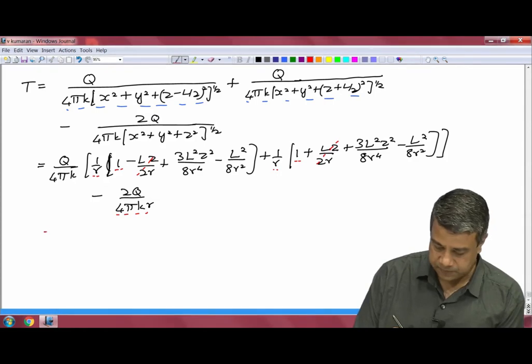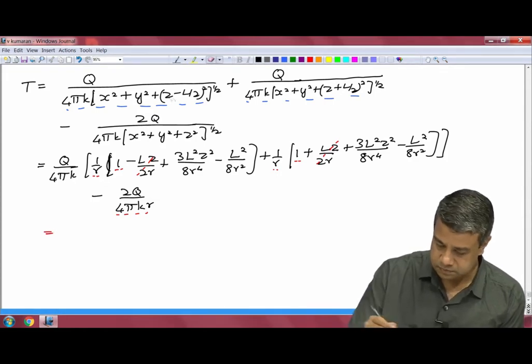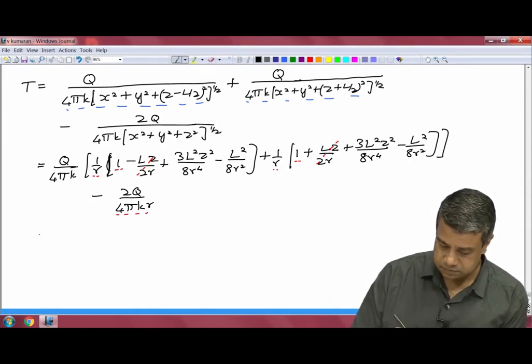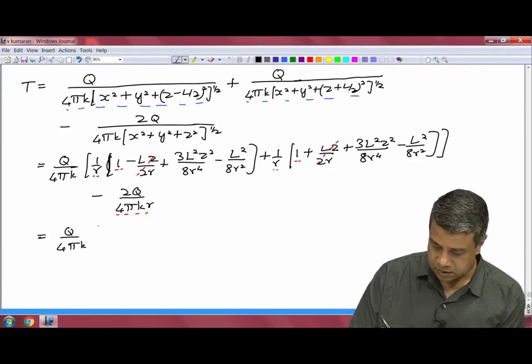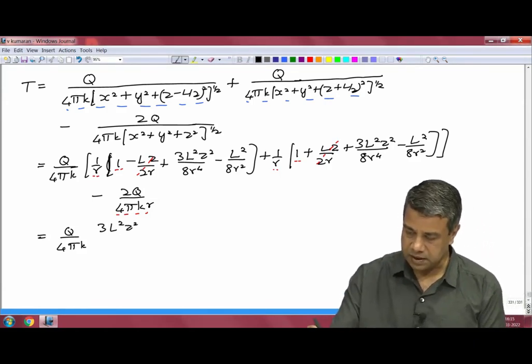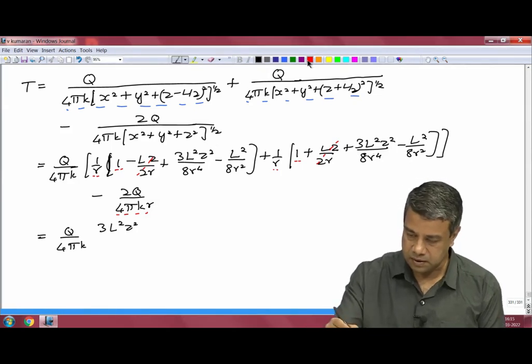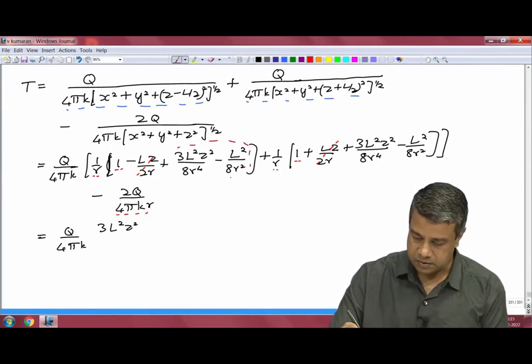So, I get this into 3 L square z square. When I add these up I get an equal contribution from these two terms.